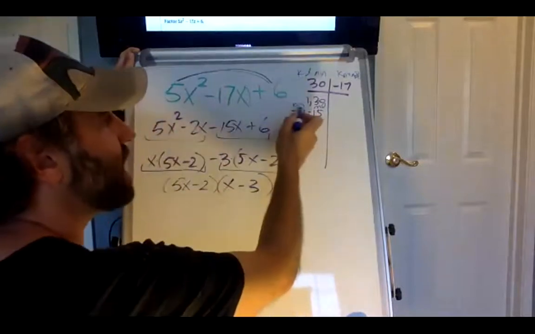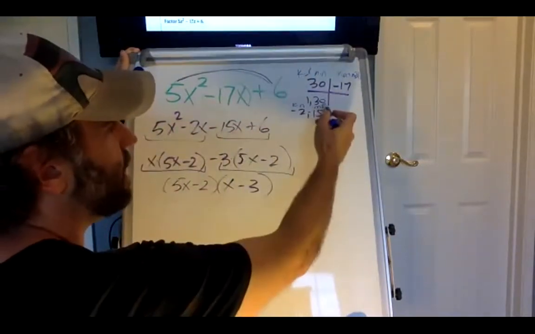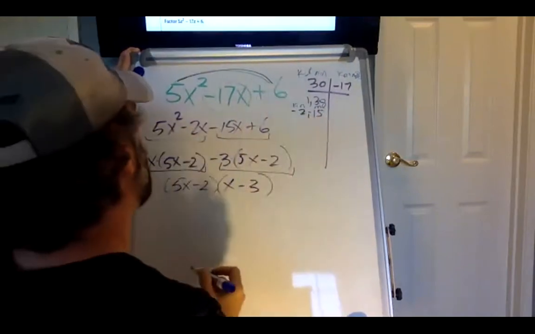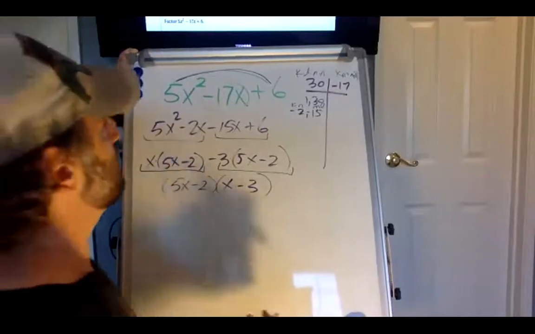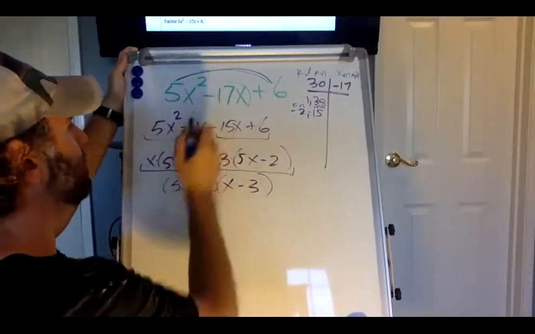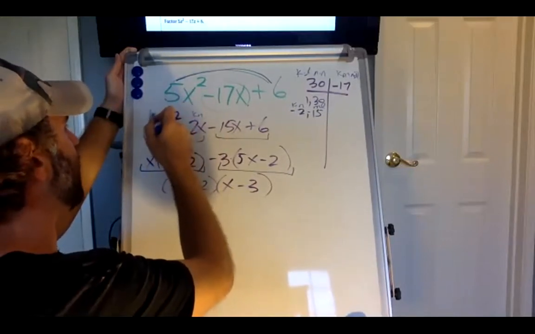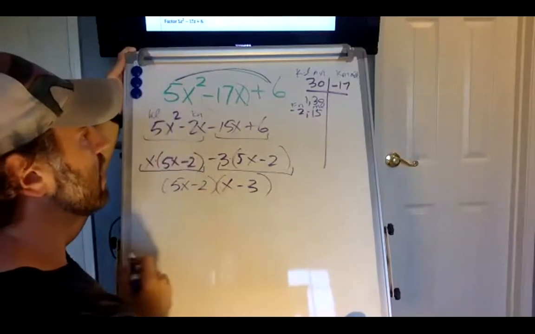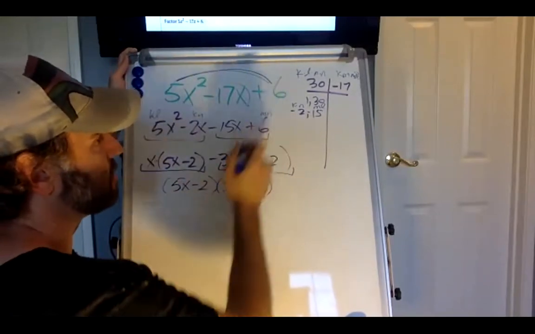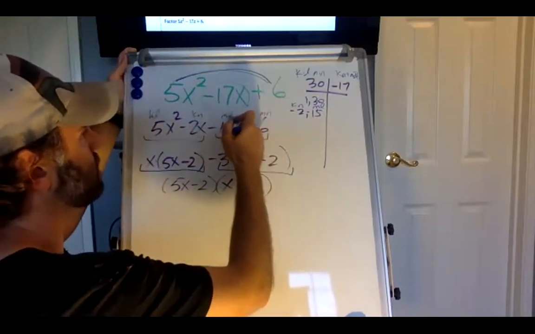K times N is -2, and -15 is the M times L. Then we separated it here. So this was KN. We know that 5 was made of KL. We knew that the constant was MN. And then we know that the -15 is the ML.